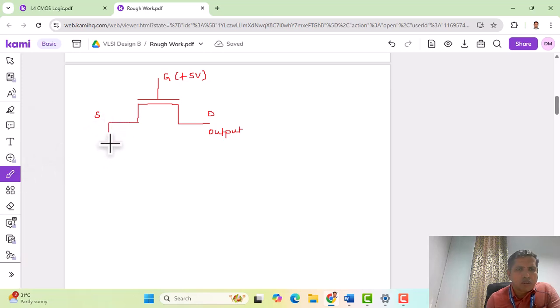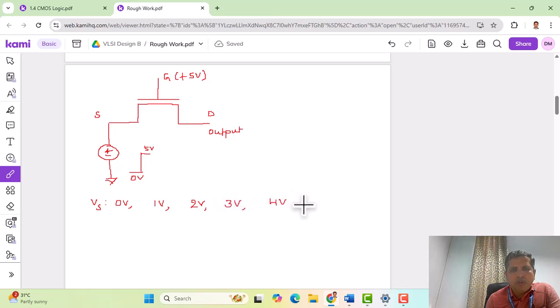Our goal is to apply a voltage, but instead of applying a step voltage from 0 volts to 5 volts, we apply the source voltage Vs as 0 volts, 1 volt, 2 volts, 3 volts, 4 volts, and lastly 5 volts.